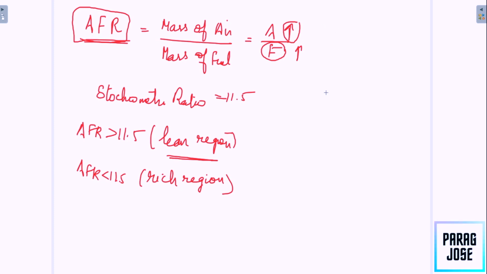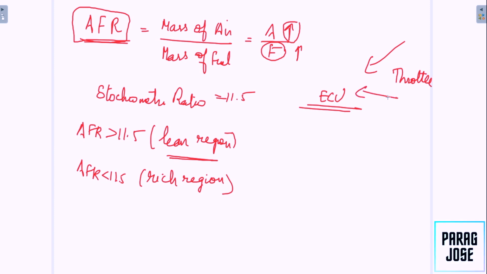So the ECU has to decide based on inputs. What are the inputs? The input will be the throttle condition, and then the speed measured by sensors. All these inputs will be used by the ECU to decide the amount of fuel to be injected. So we'll be obtaining the air value, and it will decide the amount of fuel to be injected. So fuel injection is actually a very critical part of the ECU operation.